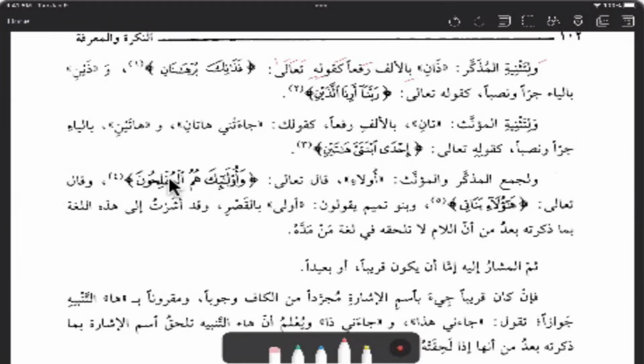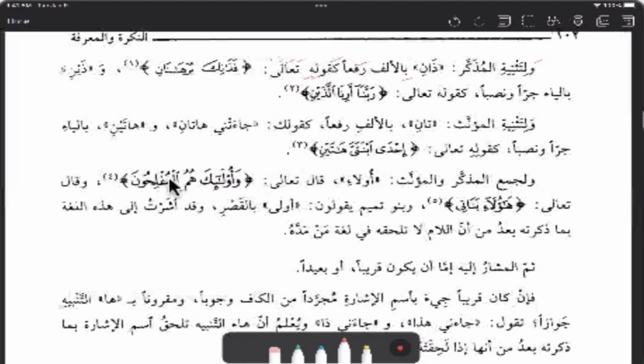Those two are an evidence. وَذَيْنِ بِالْيَاءِ جَرًّا وَنَصْبًا. And for the masculine dual, you do say dhaini with a ya in the states of jar or nasb. كَقَوْلِهِ تَعَالَى رَبَّنَا أَرِنَا اللَّذَيْنِ.